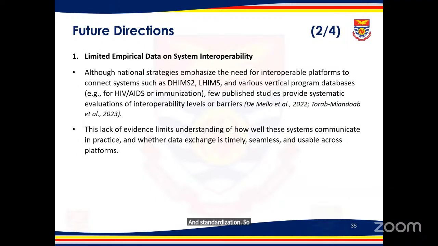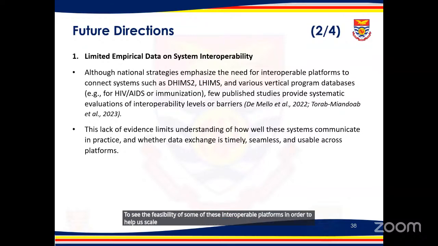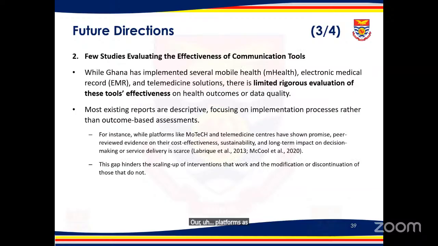Because we have limited empirical data on system interoperability, there is need to also conduct some studies to see the feasibility of some of these interoperable platforms in order to help us scale up our platforms as well.